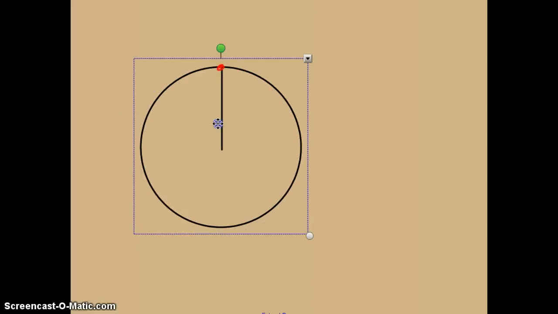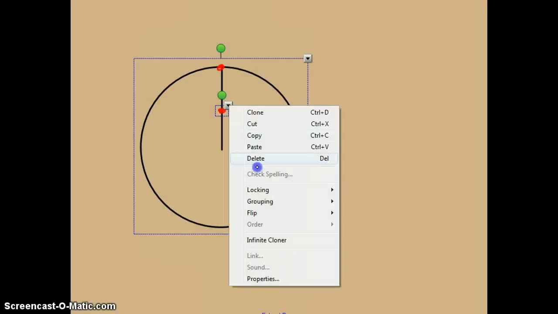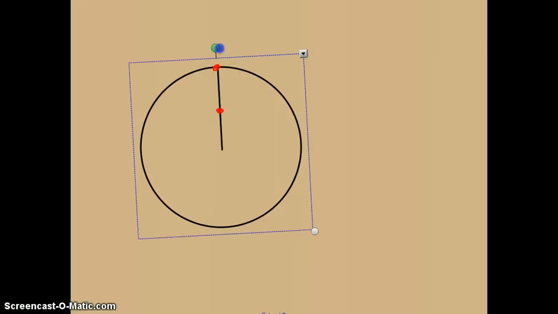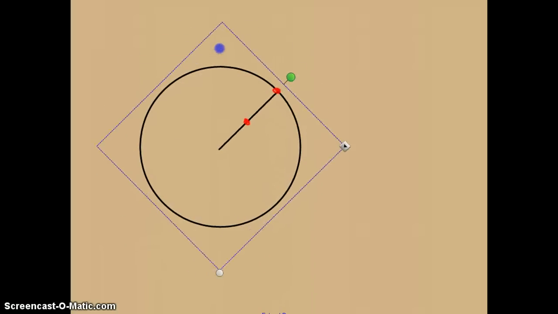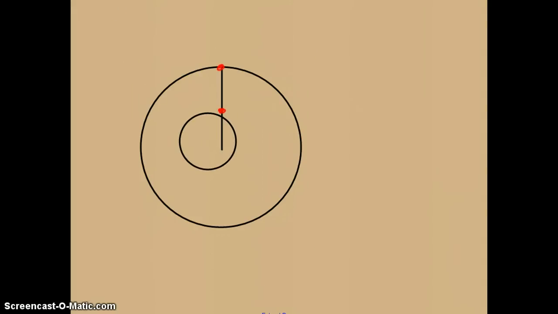If I were to add a second red dot closer to the center of that circle, which one travels at the greater speed, or do they both travel the same amount? If I take this and rotate it, the outside dot has to rotate faster to get back to the same place at the same time that the inside dot does, because the inside dot is on a shorter circle.